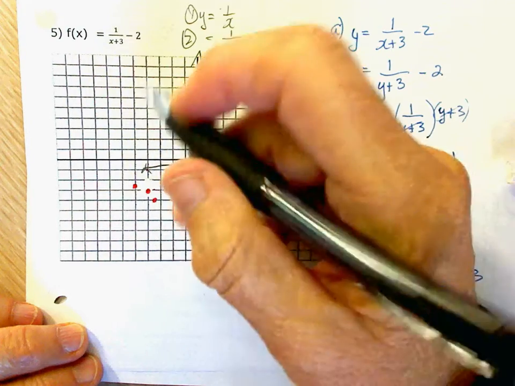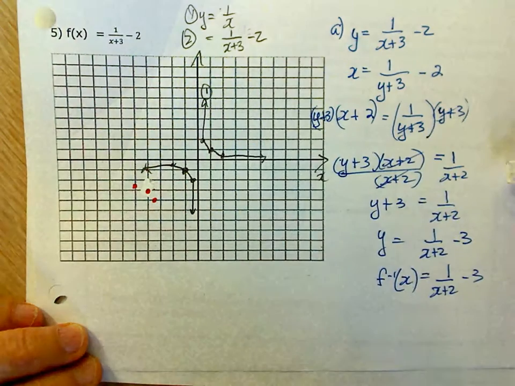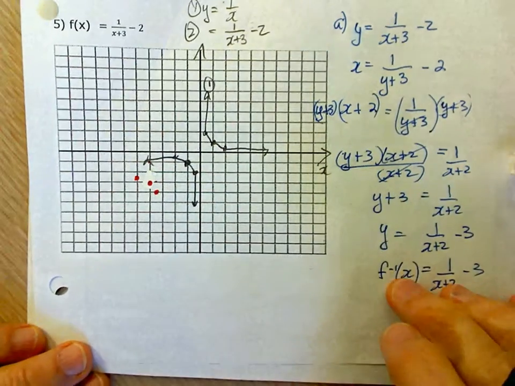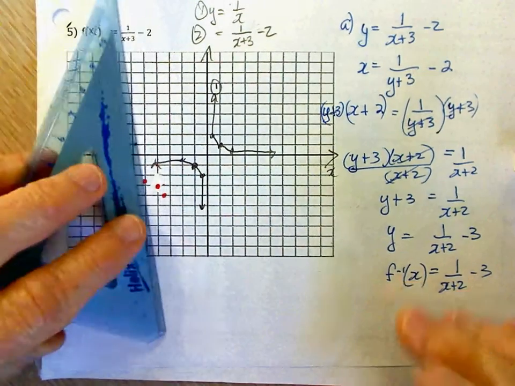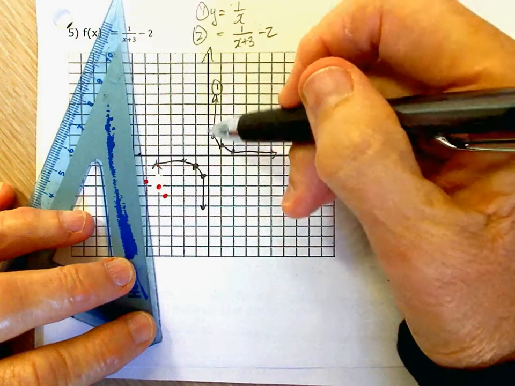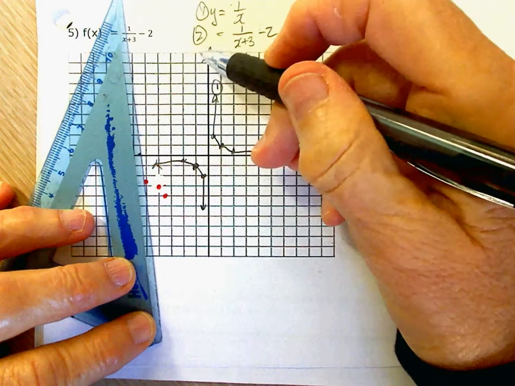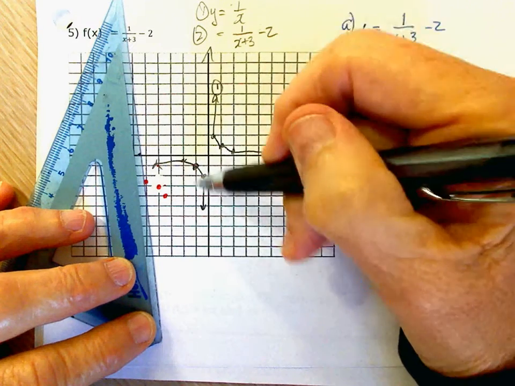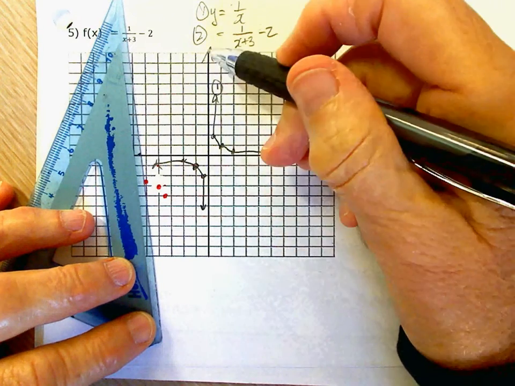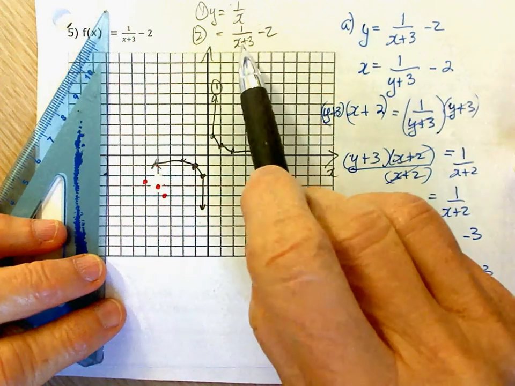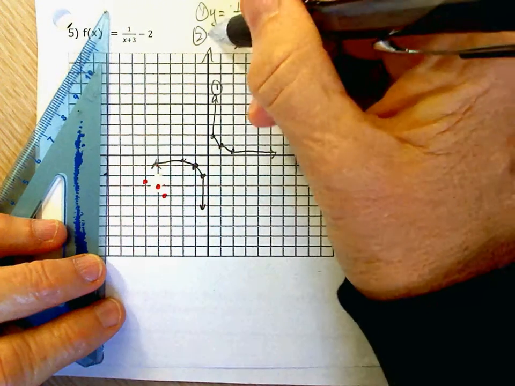All right. If you recall, x equals 0 is our asymptote on y equals 1 over x. What is our asymptote on y equals 1 over x plus 3 minus 2?